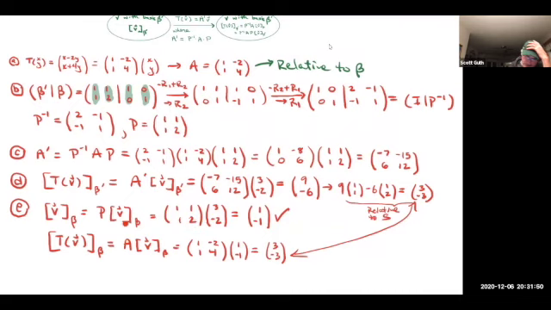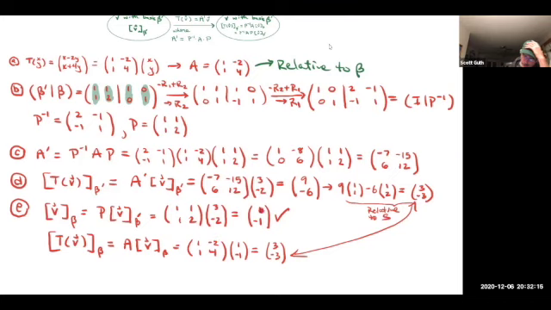And then V, oh no, that was a prime. This is correct. I'm converting from beta prime to beta. So I do P times V relative to beta prime.